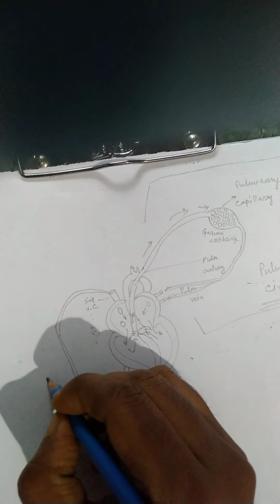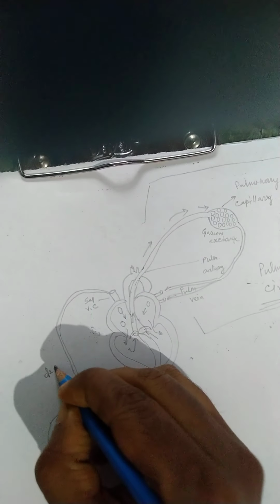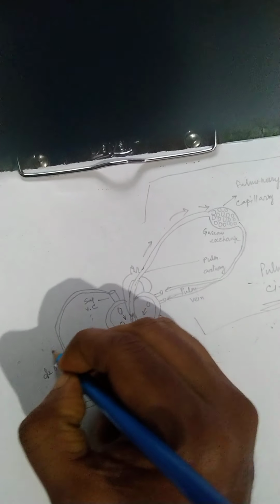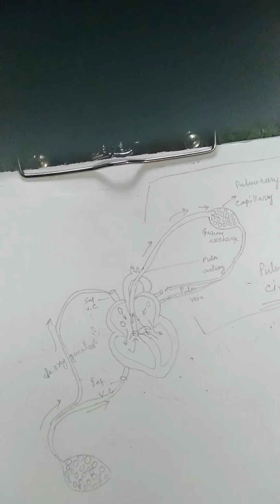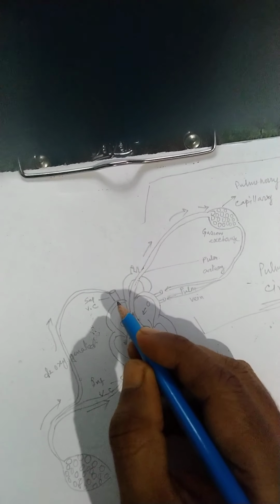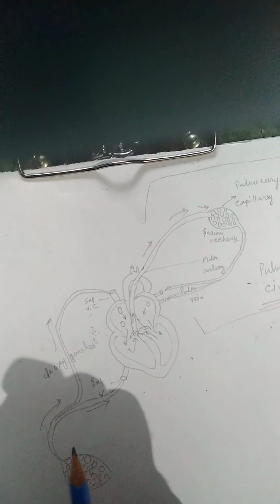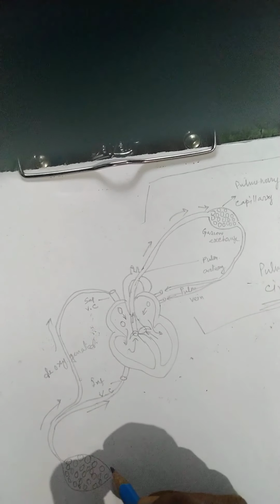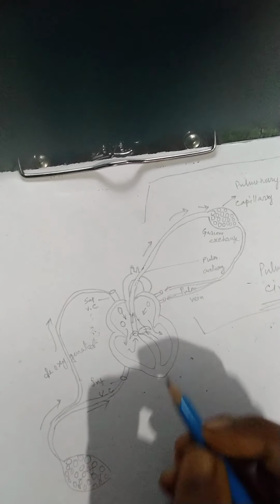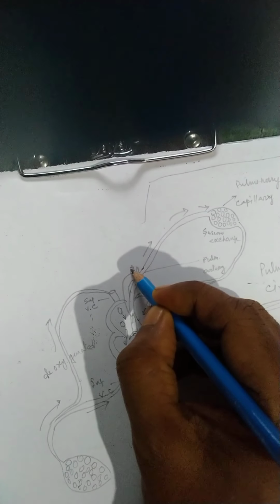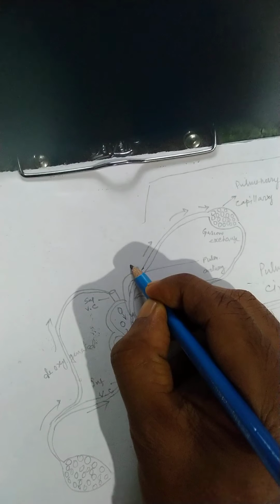brings the deoxygenated blood through the inferior and superior vena cava to our right auricle or right atrium. Okay, now what happens when it needs the oxygenated blood? Nothing. The oxygenated blood comes through the aorta.